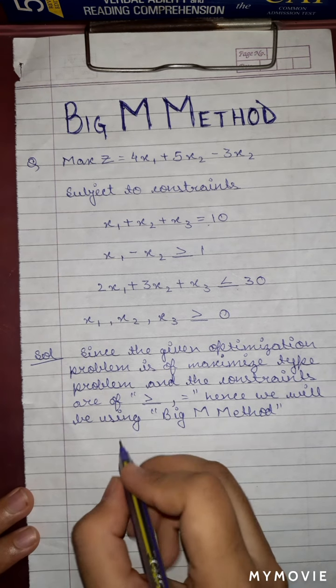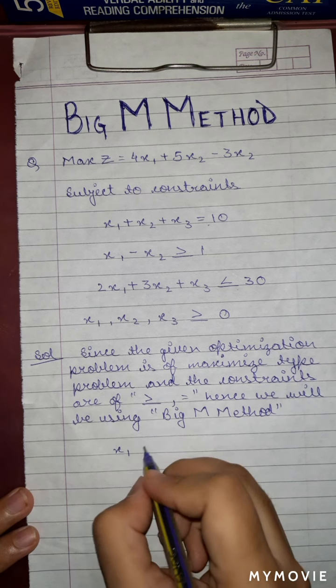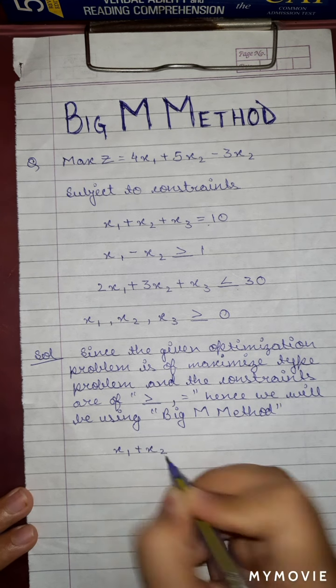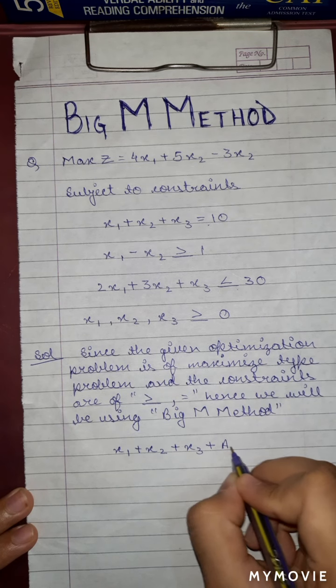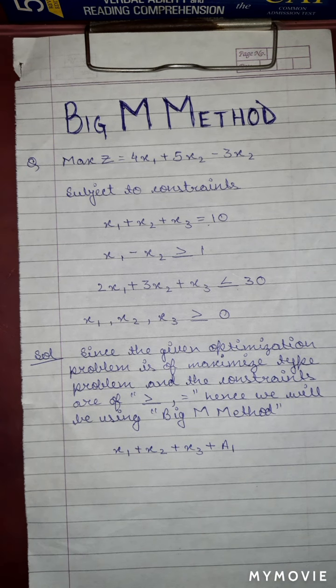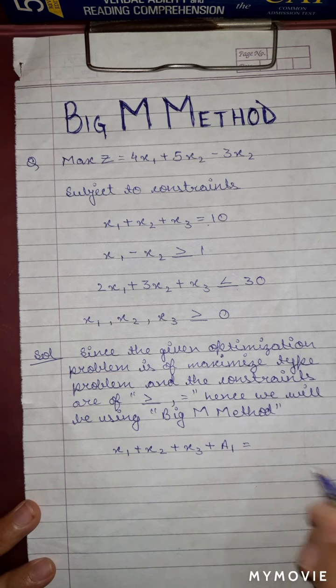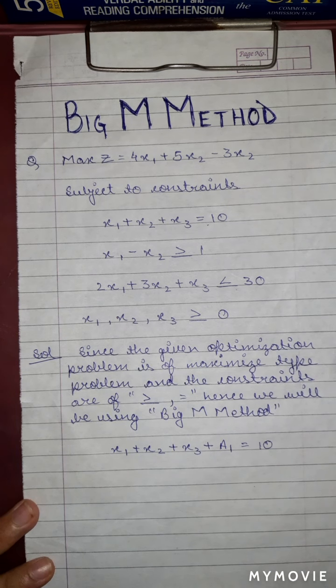So our first equation will be x1 plus x2 plus x3 plus a1, a1 is our artificial variable, equals to 10.